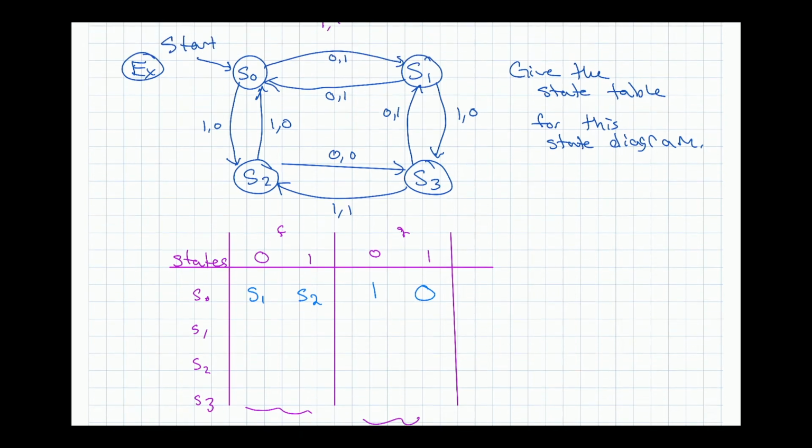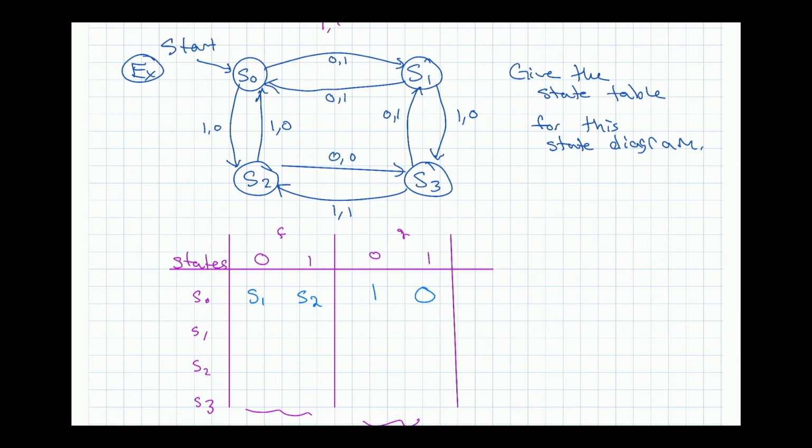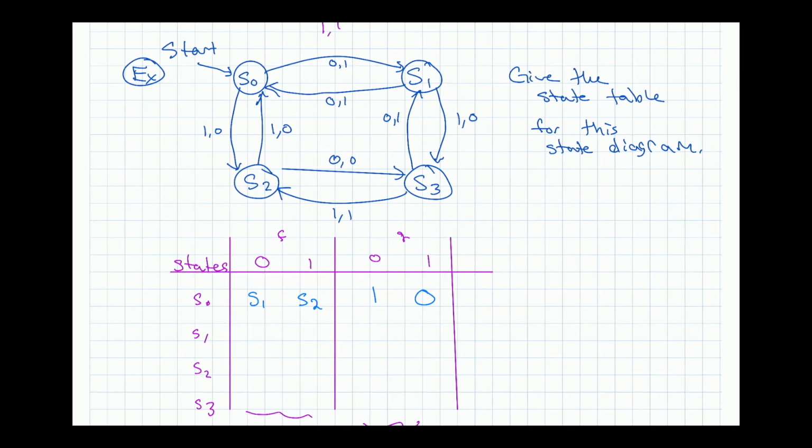Let's go to S1. S1 does two things. It goes back to S0 and it also goes down to S3. So let's do S1 to S0. S1 to S0 is input 0. So that's here, right? Because remember, these are the inputs.